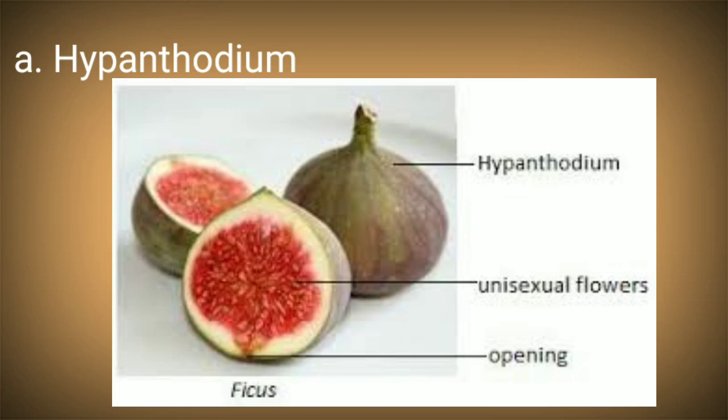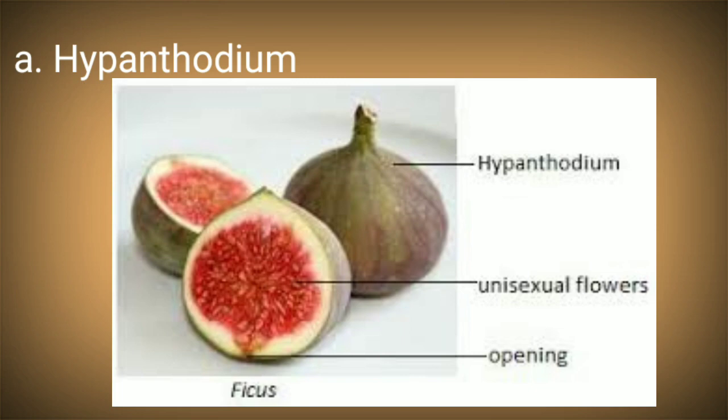That means here the flowers are enclosed by the outer stem axis, which is called the receptacle, and they have a small opening which is called the ostiole. Now this flask-shaped structure or the cavity inside bears three types of flowers. First are the male flowers, which are present near the opening, towards the upper side or near the ostiole.